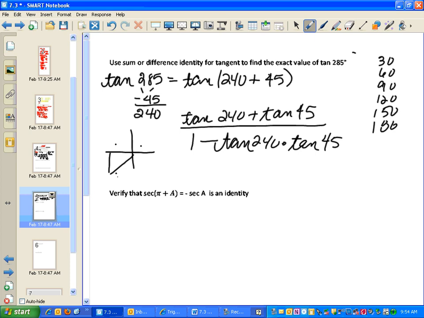All students take. Tangent is positive, correct? And it's the same as what kind of a value? 60. What's the tangent of a 60? Okay. Plus 1 over 1 minus square root of 3 times 1.